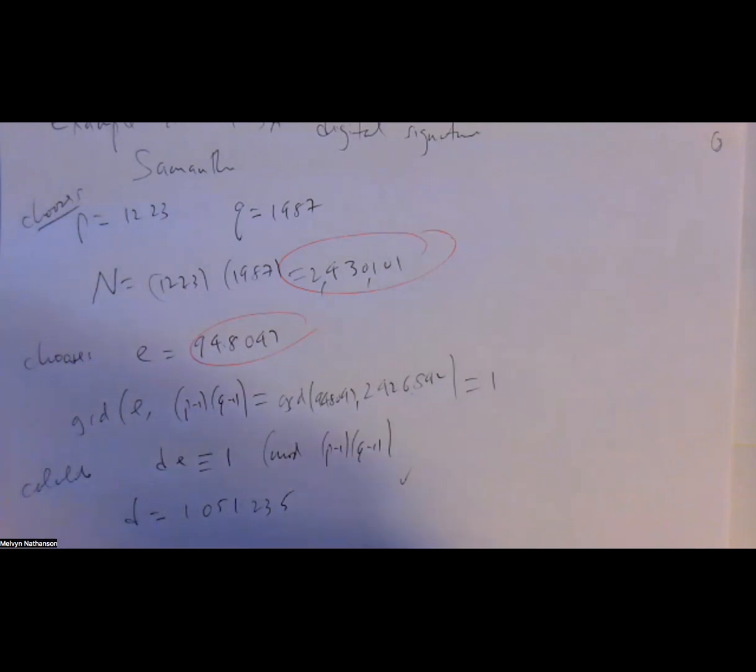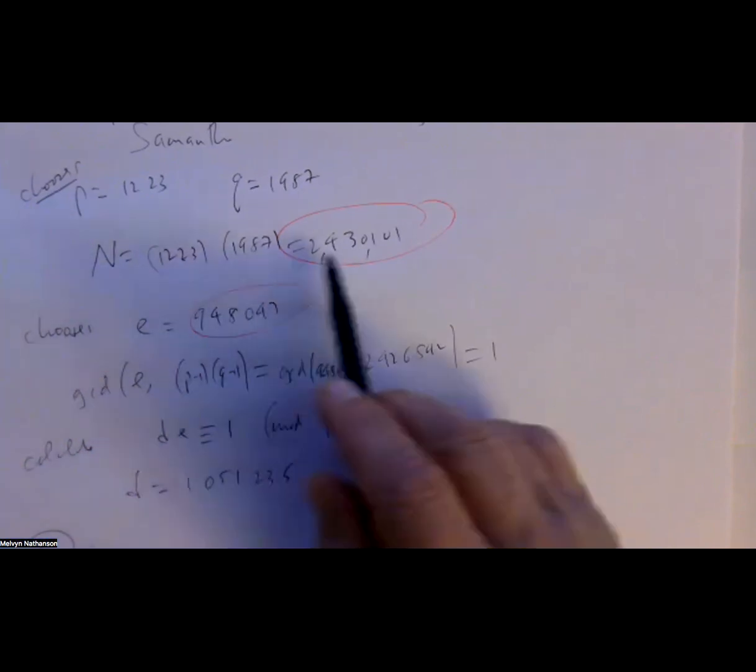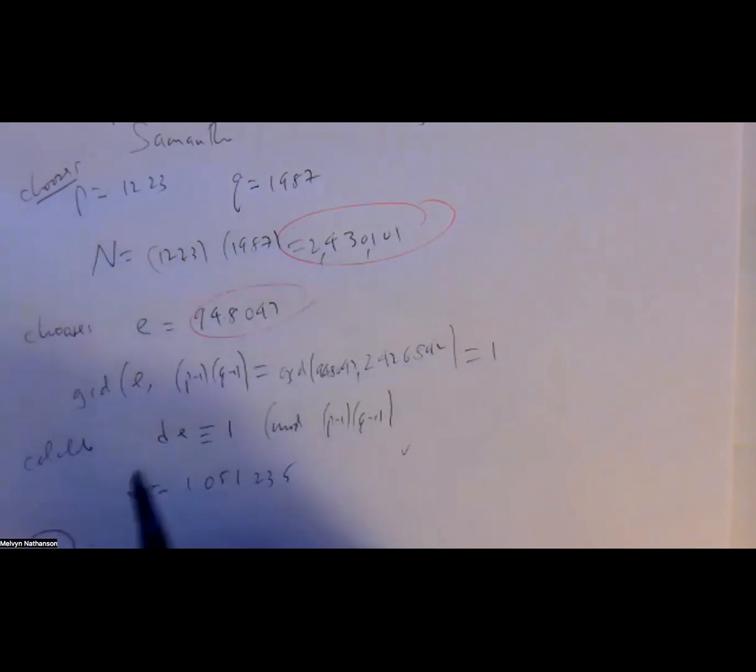So then Samantha has a document. A document is going to be a number between 1 and N. So between 1 and 2,430,000. So the document is going to be 1,070,777.